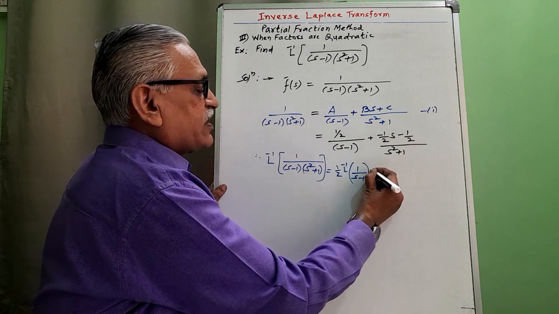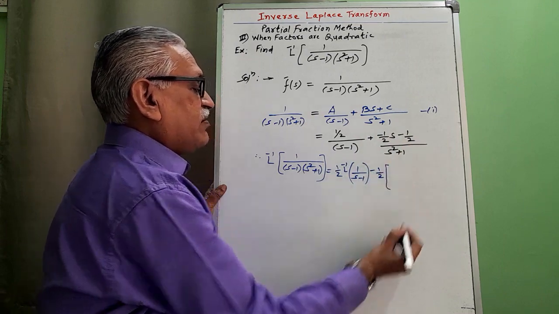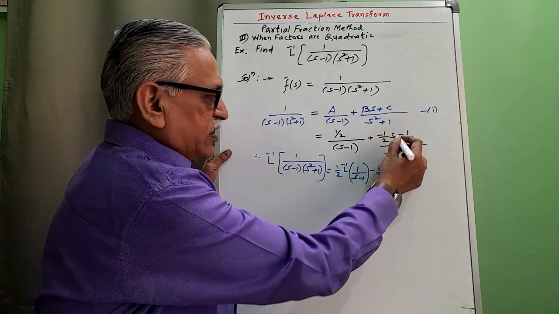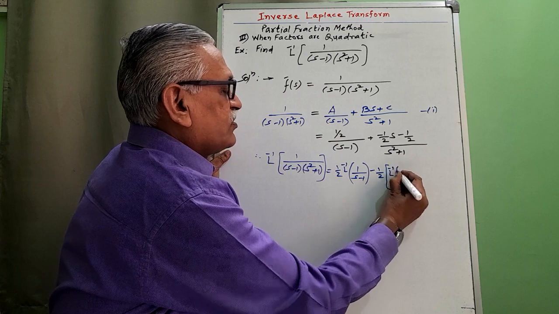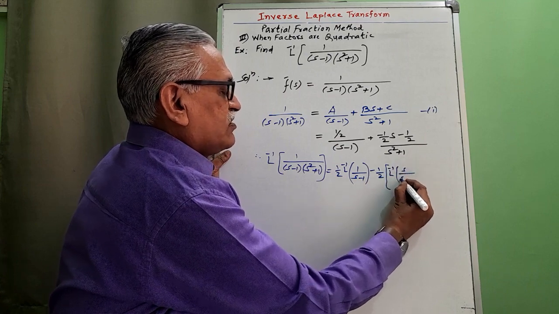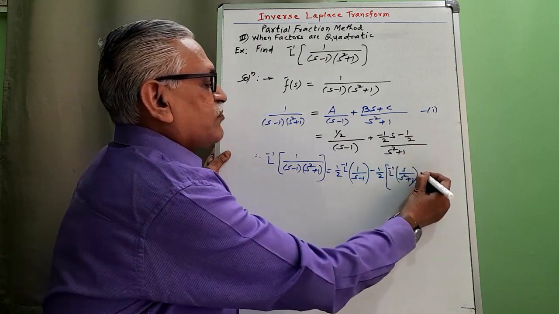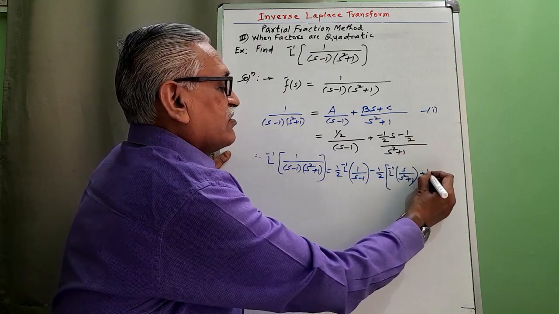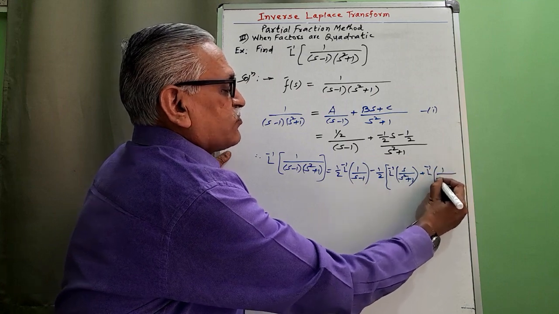Minus 1 by 2 we can take outside. Taking separate division, it is inverse of s upon s square plus 1, and plus inverse Laplace of 1 upon s square plus 1.